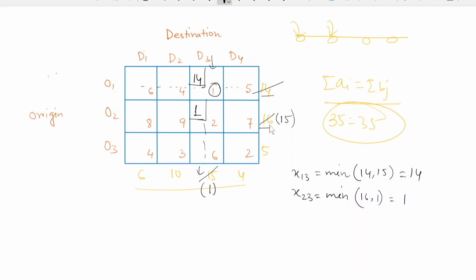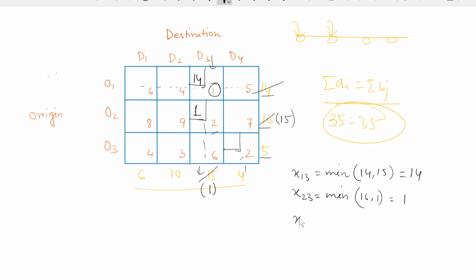Okay, now see here there is another same cost too. So you can take this cell first or that cell first, there is no issue. You can take any one of these first. So in this cell we take the minimum of this 5 and this 4.